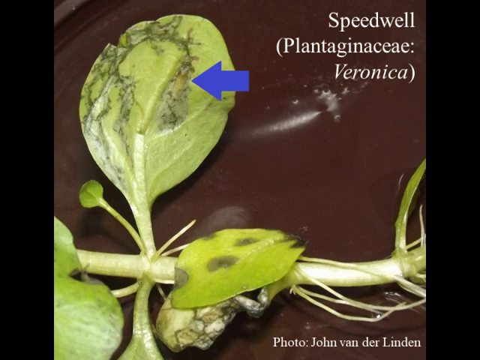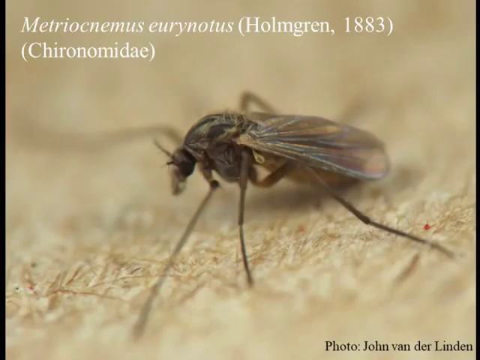And in those speedwell mines in Iowa, larvae of another midge, Metriocnemus urinotus, were found feeding in the Erythranthii mines. And this species was described in the 1800s, but nothing has been published about its larval habits until now.